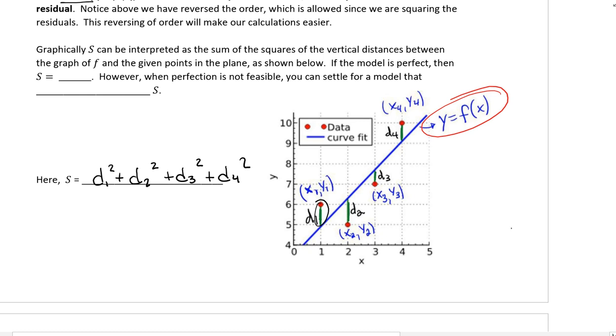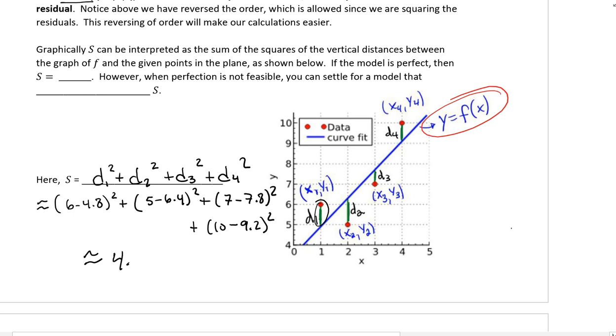For this picture, if I estimate some values, that might be 6 minus 4.8 squared, plus 5 minus 6.4 squared. Looking at D3, that would be 7 minus maybe 7.8, squared. Plus D4, which would be 10 minus, it looks like 9.1, maybe I'll write 9.2, squared. And so our sum of squared errors, using my estimates, is about 4.65.